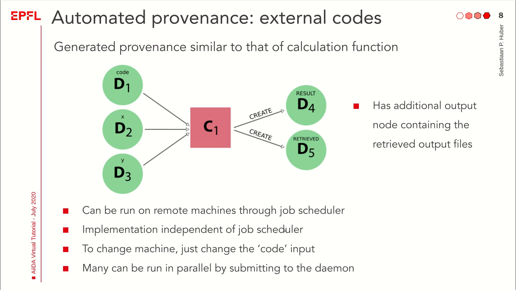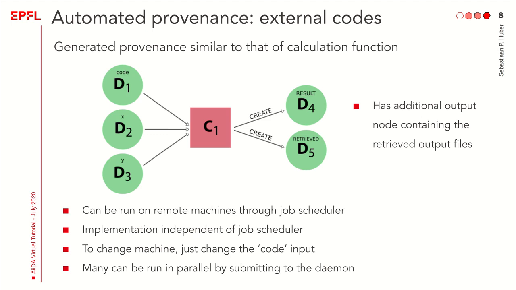That is to say, you write the plugin once, independent of the job scheduler, and you can run it once, passing the code to run it on the localhost. And now if you want to run the exact same calculation with the exact same inputs, but on a different machine that has maybe a different scheduler, all you do is change this code input, and AiiDA takes care of all the details dealing with the scheduler and even the fact that it's on a remote machine for you.